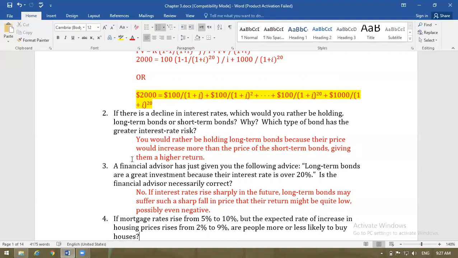In this case you are unaware about the market interest rate, so this will be riskier if in future the market interest rate increases, because there will be capital losses instead of capital gains. Whenever you are unaware about the fluctuation of the market interest rate, short-term bonds will be more preferable as compared to long-term bonds.